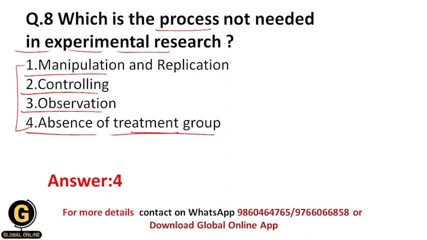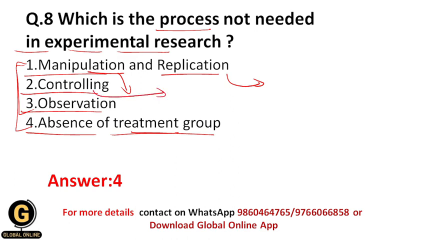And all of these processes are important. Manipulation is important, because here you are going to manipulate the independent variable. Replication means you are going to see your results of the experimental research through different conditions. So you are going to do your research in different conditions. That is nothing but the replication.